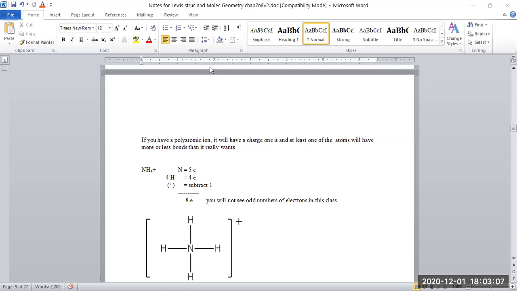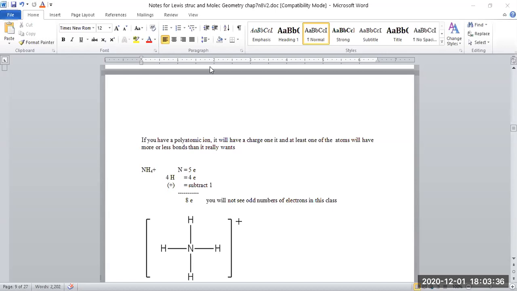One of the things that you will notice for general chem, all bets are off if you take organic. But for general chem, we will not be dealing with odd numbers of electrons. Odd numbers of electrons embrace something known as free radicals. That is a very deep subject for organic chemistry that has a lot of variants.